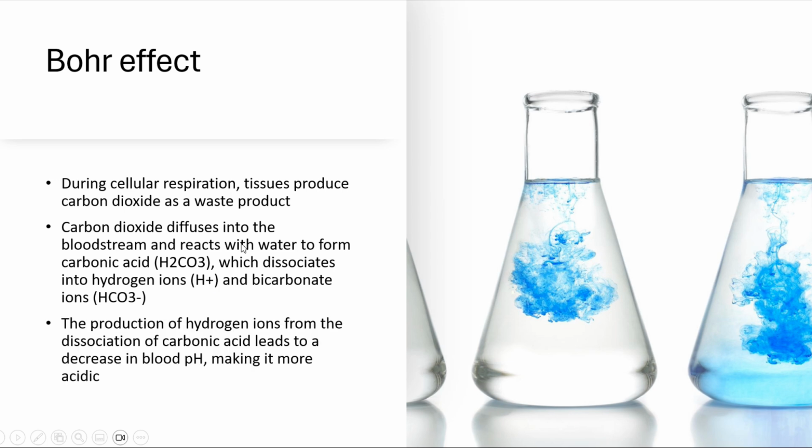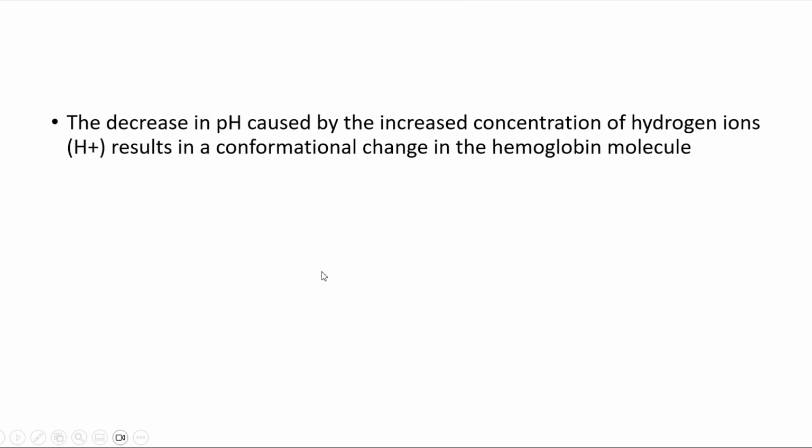And so the production of hydrogen ions from the dissociation of carbonic acid leads to a decrease in blood pH. If something decreases pH, it makes it more acidic, like pH 2, 3, or 4. So it makes the blood more acidic now. Because it's more acidic, the decrease in pH caused by increased concentration of H+ results in a conformational change in hemoglobin.